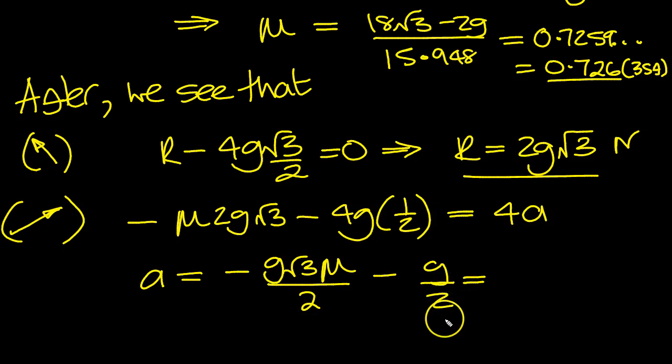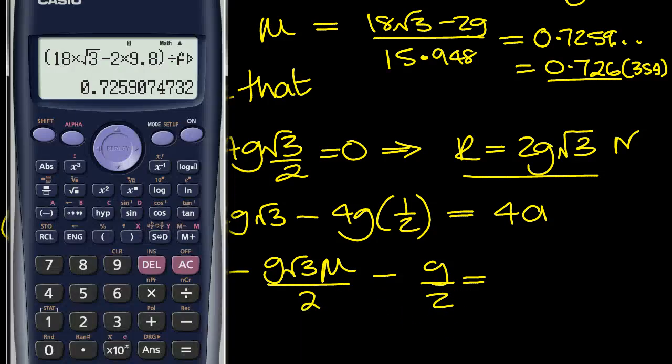So let's just work out the acceleration then. Mu is in the calculator. So times by g, times by root 3 over 2, times by 9.8 times by root 3, come outside and divide by 2. So that's this first number equals minus, they're all minuses, but we've got a plus here for this value.